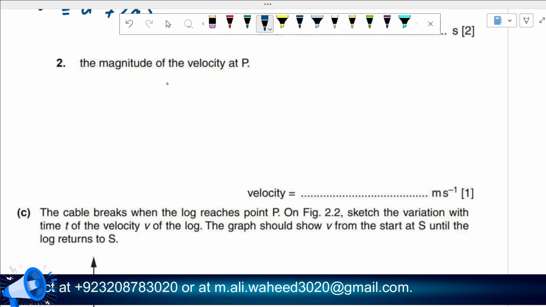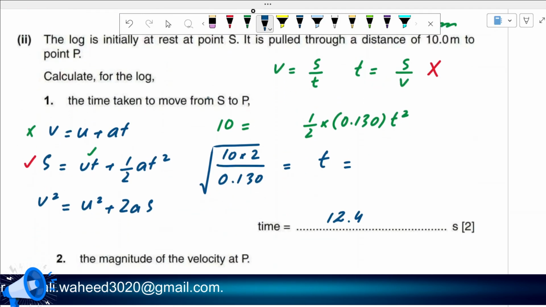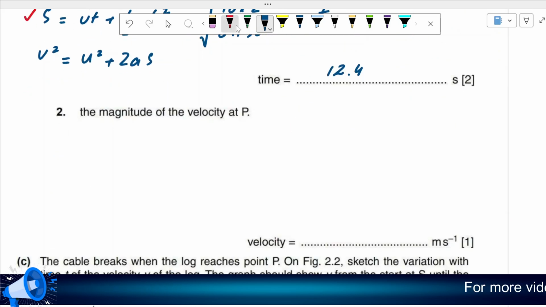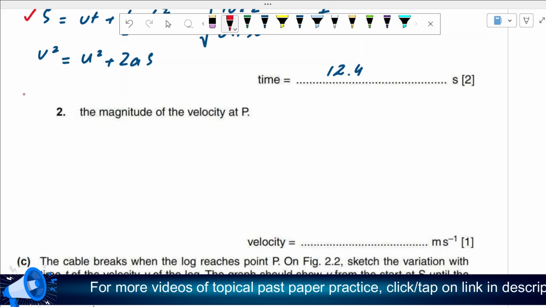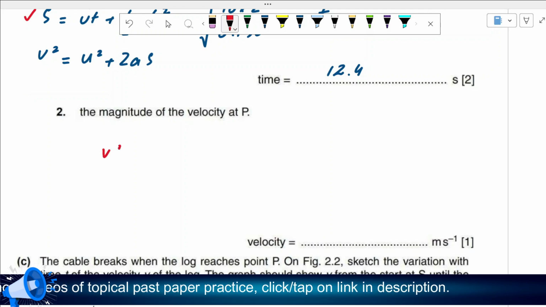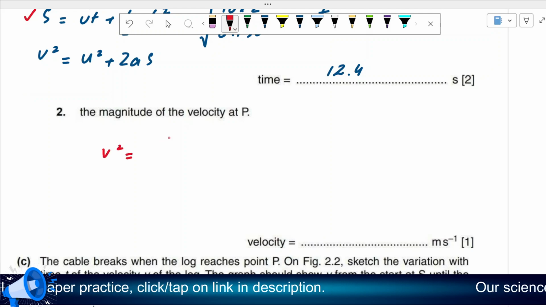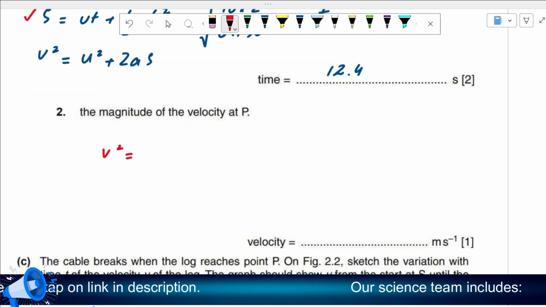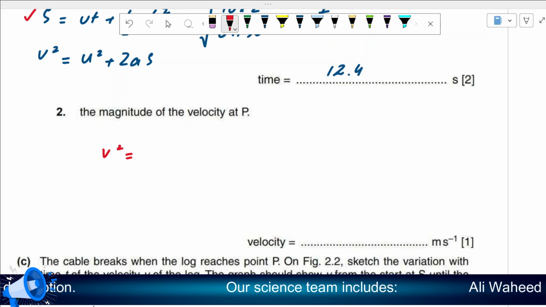Calculate the magnitude of the velocity at P. The velocity at S is initial, the velocity at P is final, so we need to find the final velocity. So what if I use the first equation or the third? You can use either of them because you do have the value of time as well.